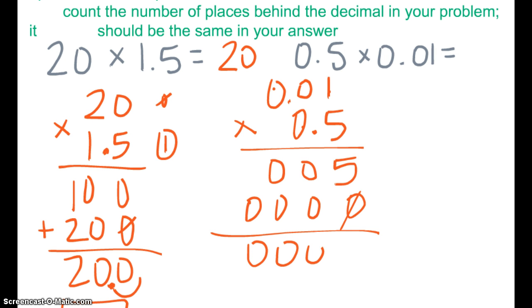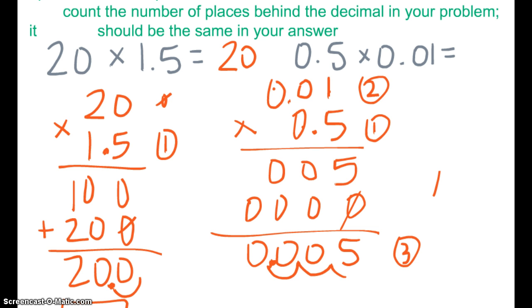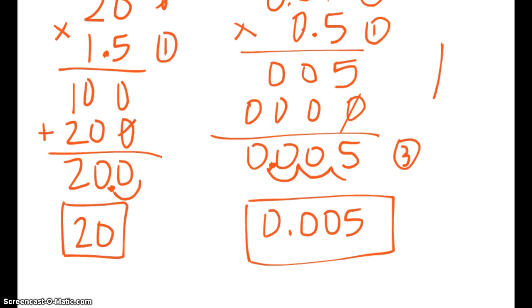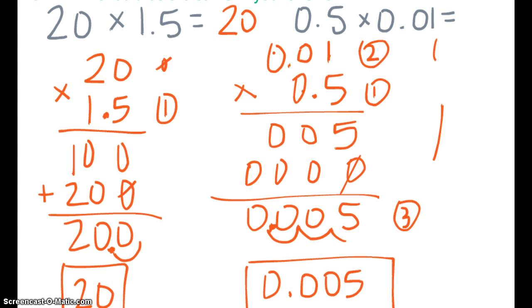Then I add everything up. I have 2 numbers behind my decimal point here, 1 here. So in my answer, I need 3. 1, 2, 3. There's where my decimal point would go. So I have 5 thousandths.